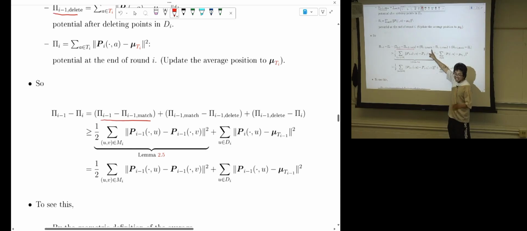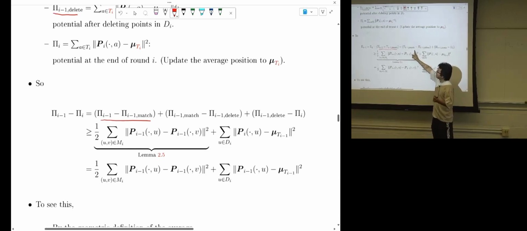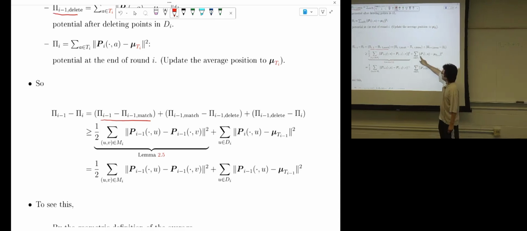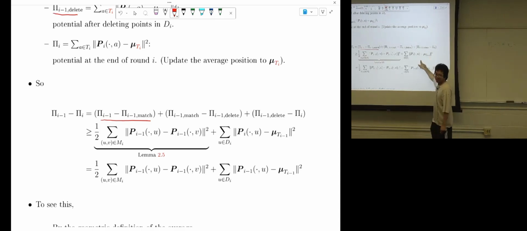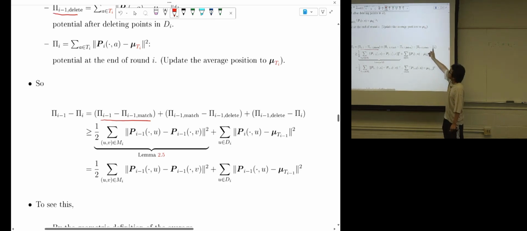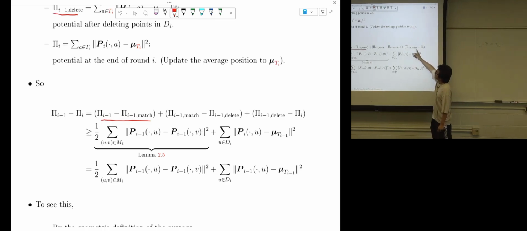This is the part where I just delete the set. So I just sum over the points that I delete the term in the potential, which is just the distance from the node u to the average. That's how much it decreases when I delete. Okay. How about this one? This one is just how much the potential changes after I move the average.